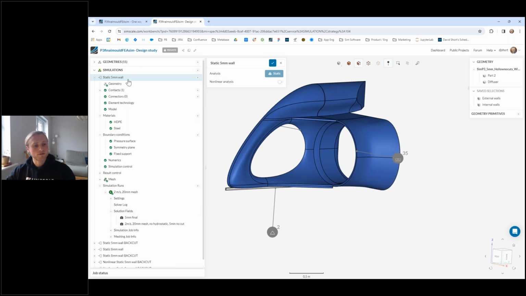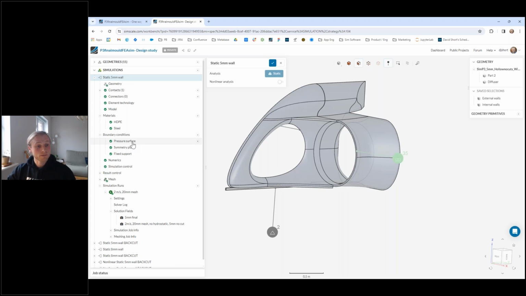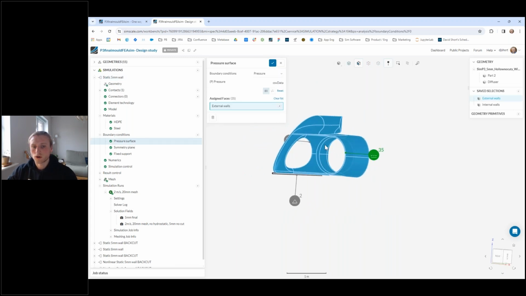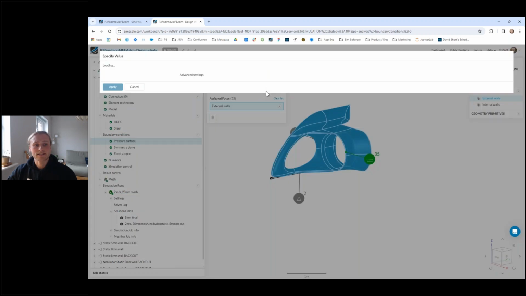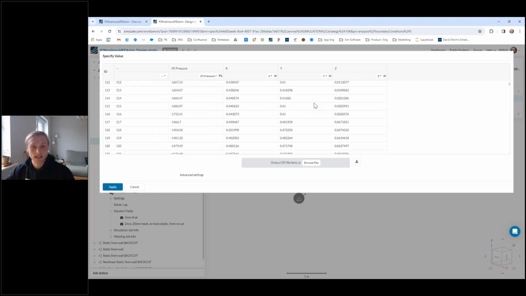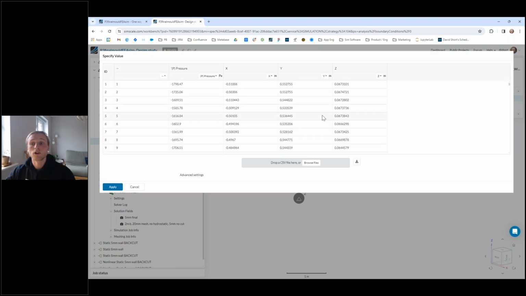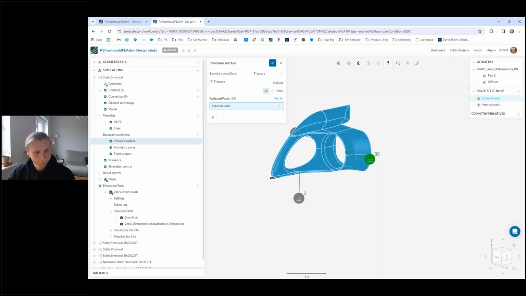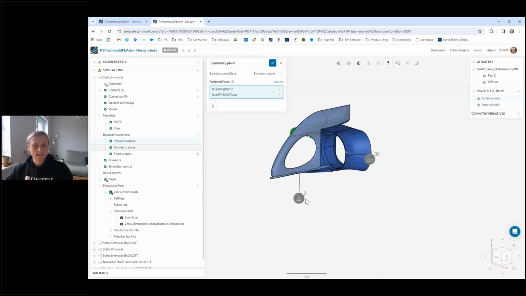What we've done is set up a very normal linear static analysis to begin with, applying that pressure boundary condition on the full model as XYZ pressure. This is then uploaded as a CSV file. It's a gigantic file full of all of the CFD results on those surfaces that we've extracted from the CFD analysis.